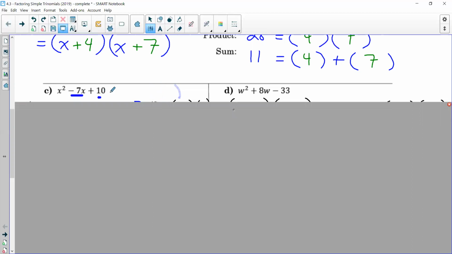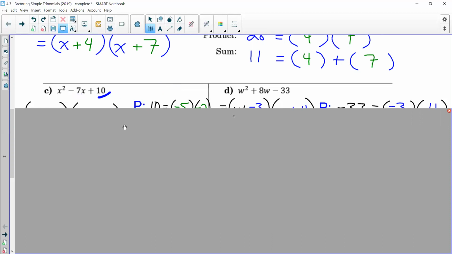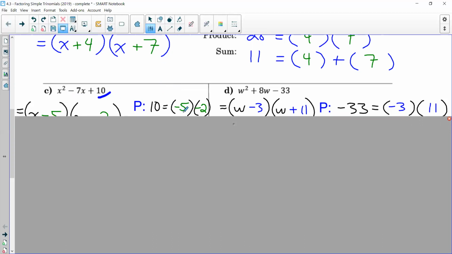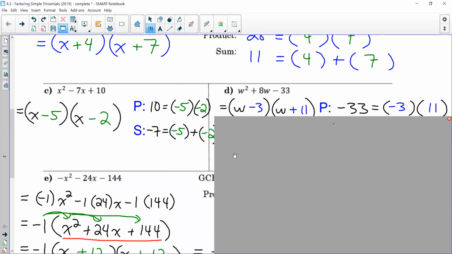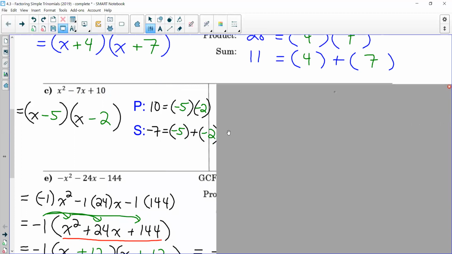The two numbers that multiply to 10, probably the ones that come to mind are 5 and 2, but you want them to be negative, simply because you're looking for the sum of these two numbers to produce a negative 7.